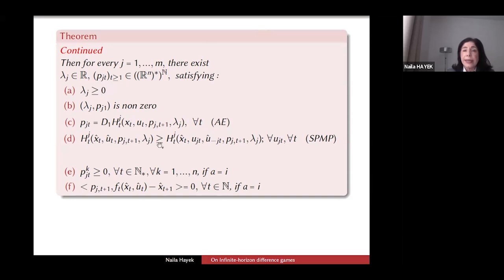And here, instead of the weak Pontryagin principle, I have the strong Pontryagin principle, which is in the form of a maximization of the Hamiltonian with respect to the strategy u sub j, the strategy of the jth player, and you can see that it should be done along the optimal state.